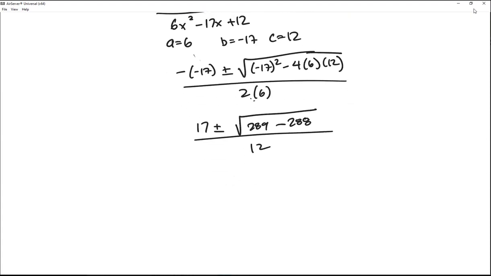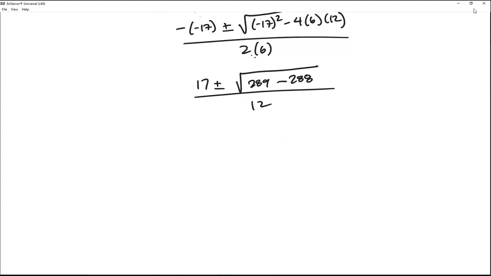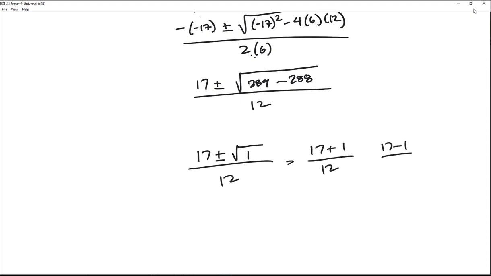So this equals 17 plus or minus radical 1 over 12. Radical 1 is 1, so 17 plus 1 over 12, and then 17 minus 1 over 12. So it's 18 over 12, or 1 1/2. This is 16 over 12, which is 1 1/3, I think, right?